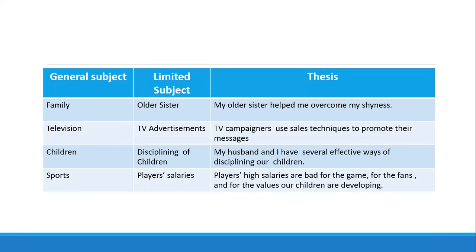When we talk about family, everyone is included, like your parents and your sister, all right, but you have chosen to write about your older sister. So what is the thesis statement? My older sister helped me overcome my shyness. How? Then you will give the examples, you will provide the supporting details.